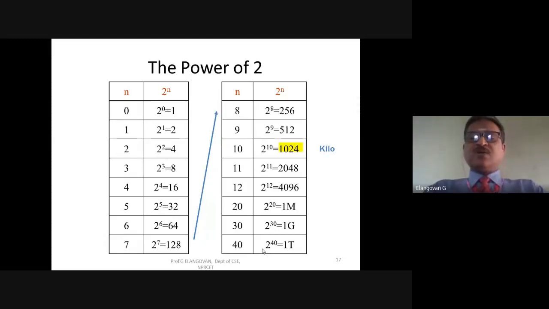If you say 1024 is 1 kilo, the 1 kilo comes from 2 power 10. And if you go for 2 power 20, you will get 1 mega. Similarly, 2 power 30 will be 1 giga, and 2 power 40 is 1 tera. So like that, the powers of 2 will be multiplied.